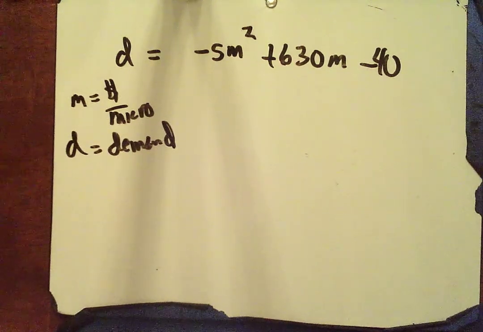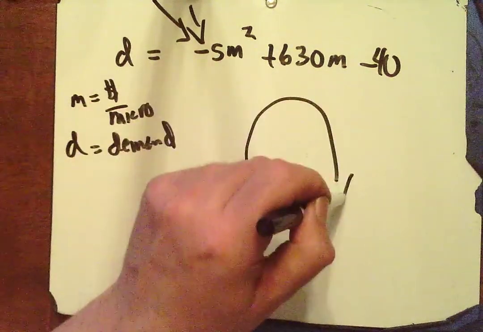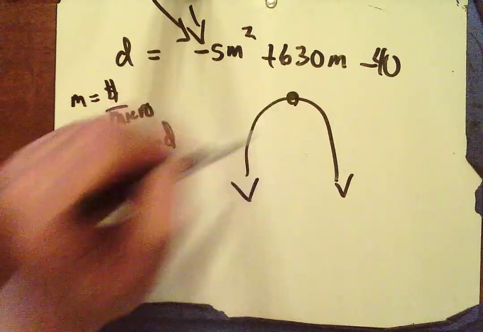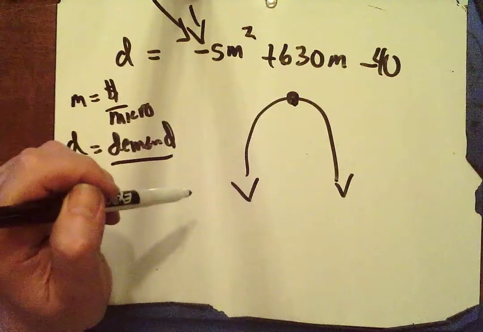Fabulous. At what price will the demand for micros be a maximum? Well, look, we've got this, and where is demand a maximum? Here at the vertex.